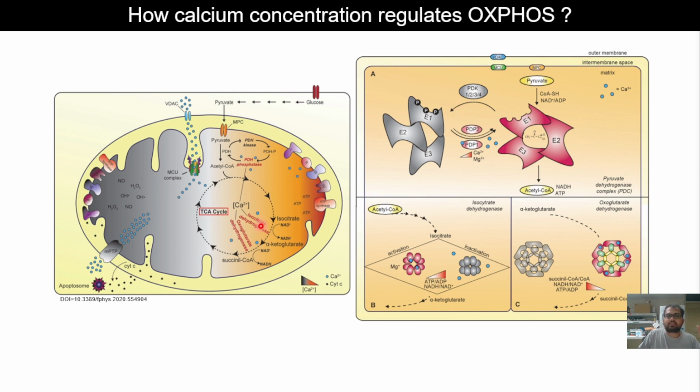So overall, what he's suggesting is when the calcium is more inside the mitochondria, there will be more activation of these TCA cycle associated enzymes, and then there will be a greater increase in the OXPHOS activity of these particular cells. And as it has been shown, if there is more calcium, the reason there is more calcium is because there is more mitochondria and ER tethering happening because of the SERCA and MFN2 interaction.